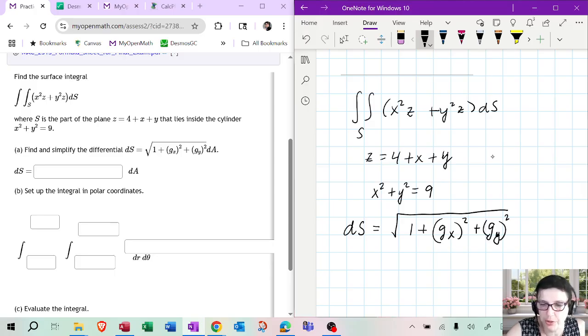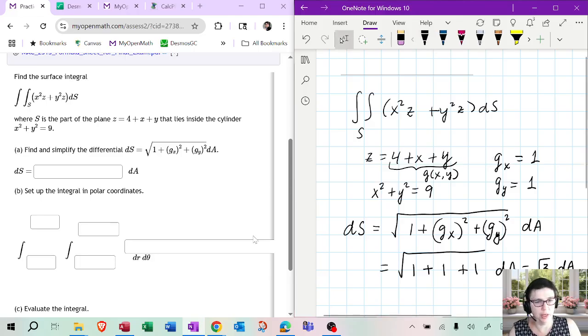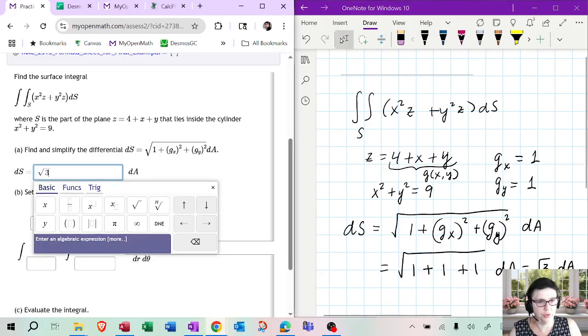These are the partial derivatives of the equation of the surface in the format z equals g of x y. The derivative with respect to x is just 1, because 4 goes to 0 and y goes to 0. gy is also 1. So this is 1 plus 1 squared plus 1 squared, which is the square root of 3. That's the relationship between dS and dA.